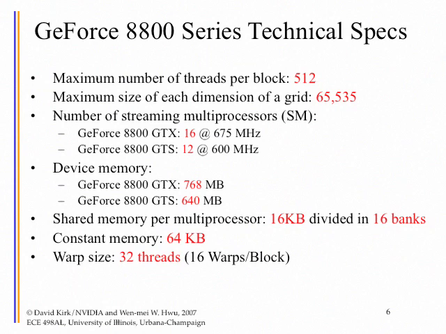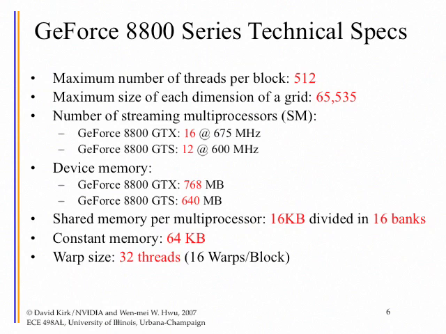So device memory, GTX is a little bigger, and then GTS is a little smaller. Shared memory per multiprocessor is 16 kilobytes divided into 16 banks. And this is likely going to be fixed or changed very, very slowly through the product generations. So remember, we have 16 of those multiprocessors, right?